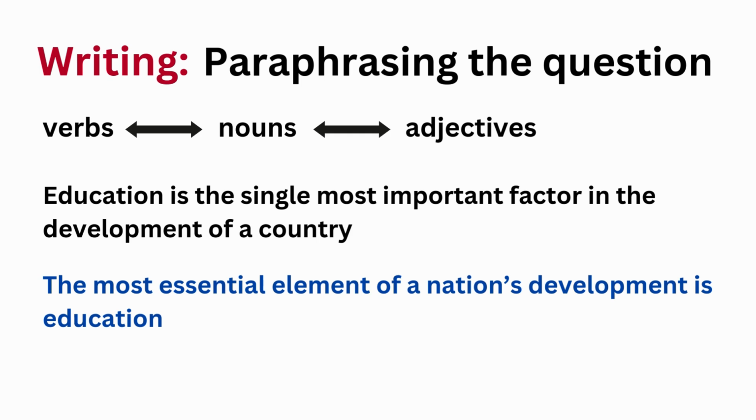You will also notice we have here, in the development of a country. I have changed this to nation's development. I could also change this to country's development, instead of the development of a country. So, changing the order of the sentence and changing some of the structures can really help you in terms of paraphrasing. Now let's learn one other way in which we can improve our marks by paraphrasing.